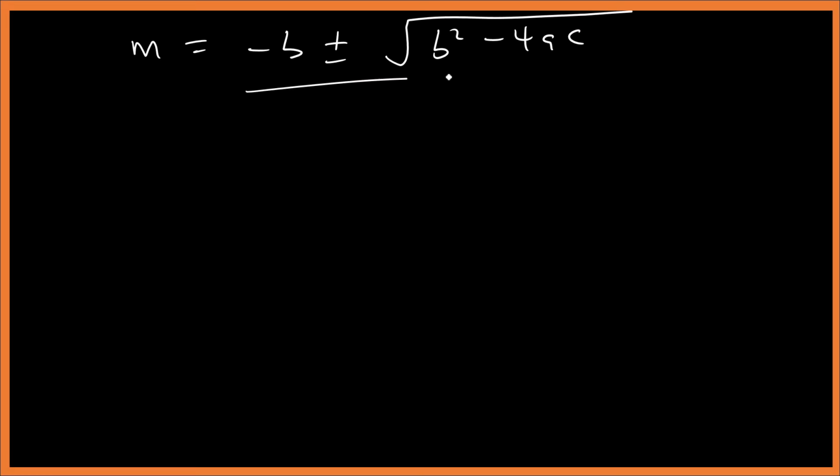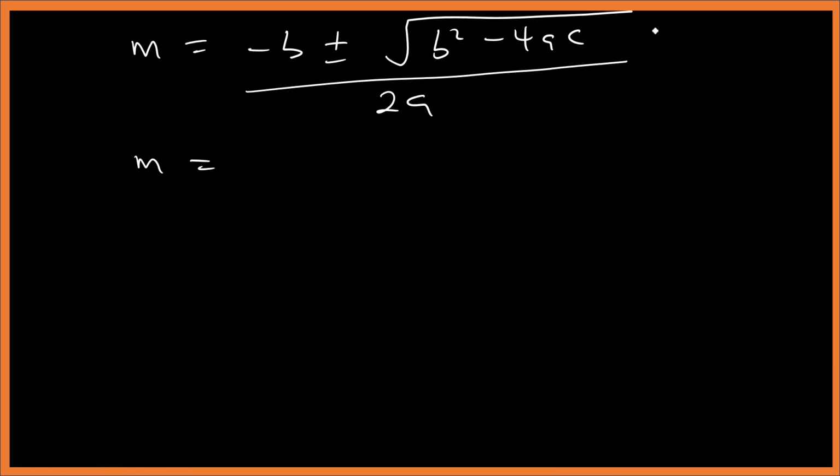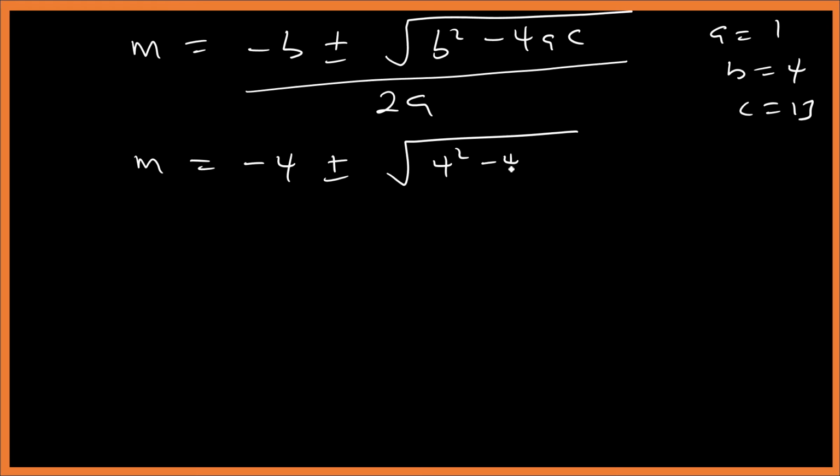All right. So my m equals minus b plus or minus square root of b squared minus 4ac, on 2a. So a is 1, b is 4, and c is 13. So we have minus 4 plus or minus square root of 4 squared minus 4 times 1 times 13, on 2 times 1.